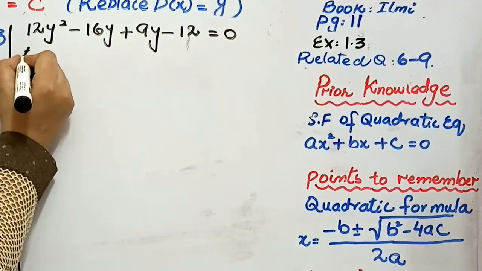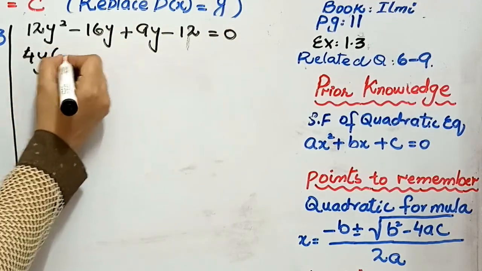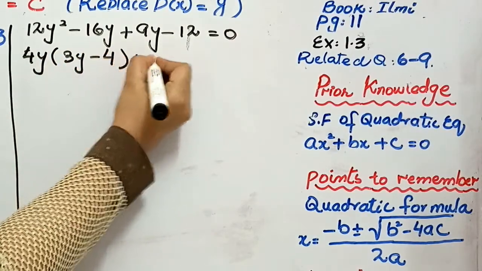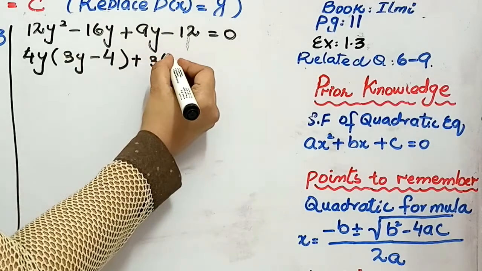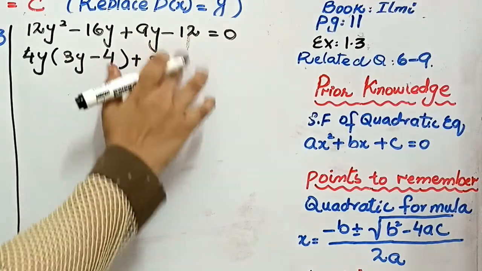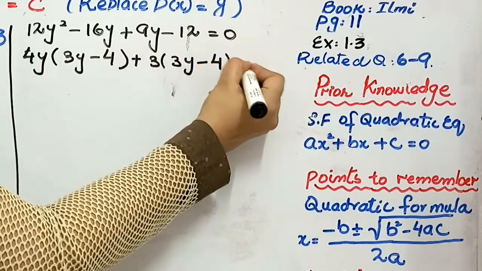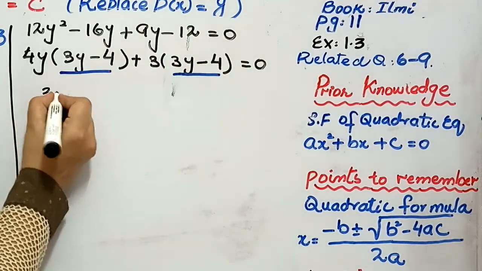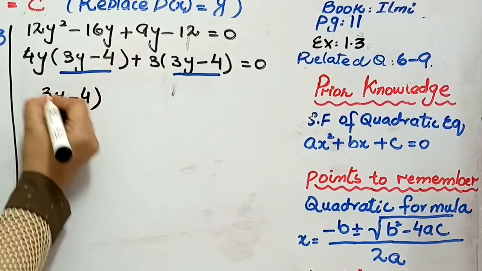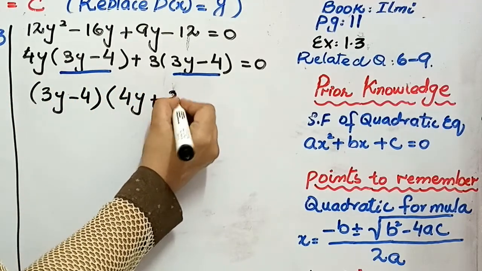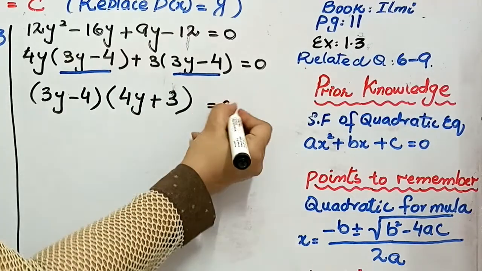We can take 4y as common. It will be 3y minus 4, plus 3 common, it will be 3y minus 4. So 3y minus 4 is taken common, and the remaining will be 4y plus 3 is equal to 0.